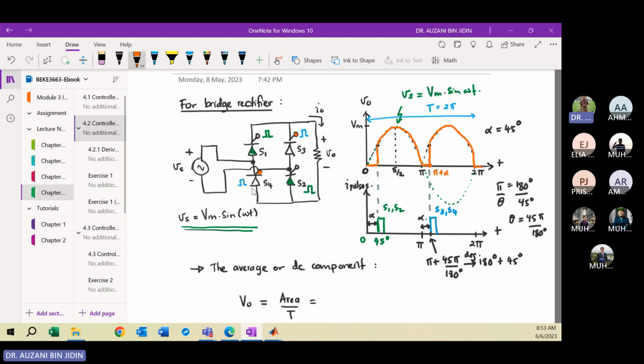For the second half cycle, your Vs will be negative. Clear? So by analyzing this circuit and applying Kirchhoff voltage law, you can have the output voltage be the inversion of Vs, so minus Vs.